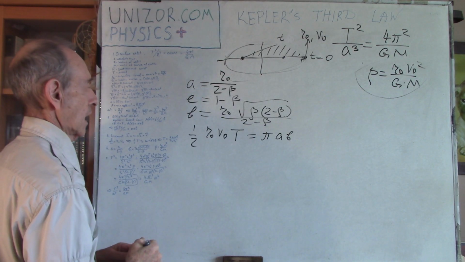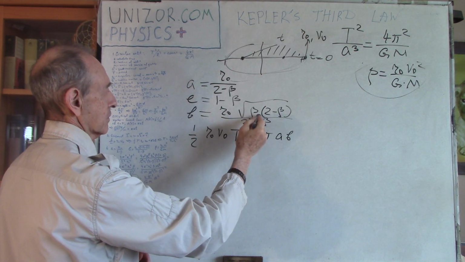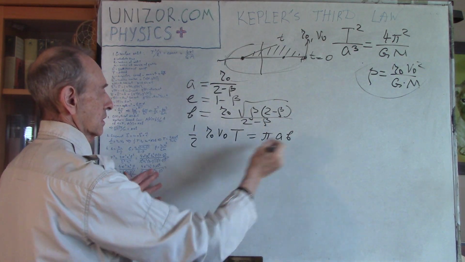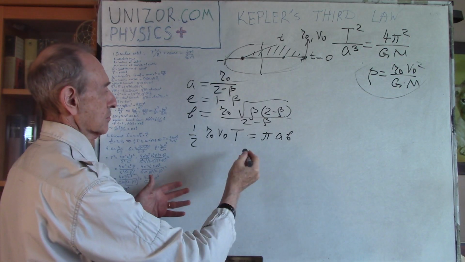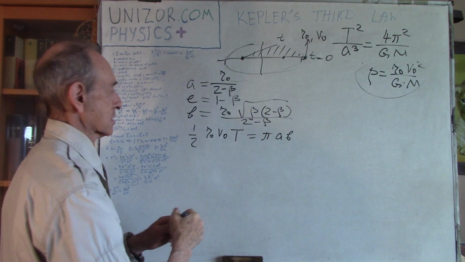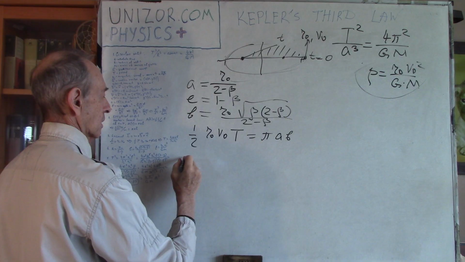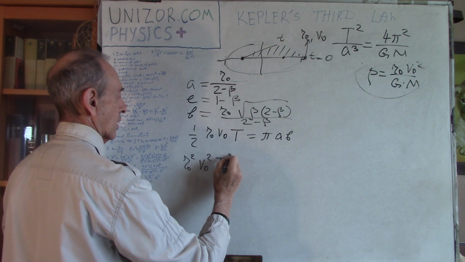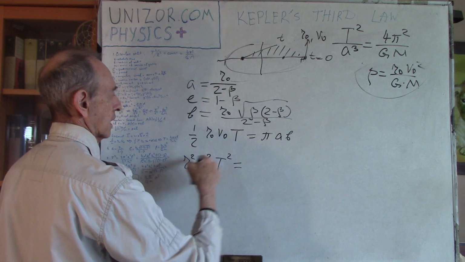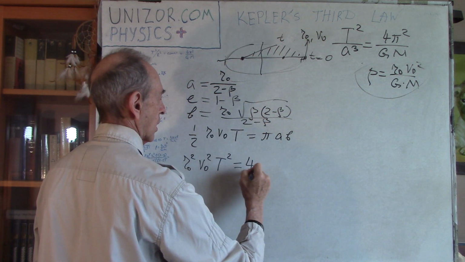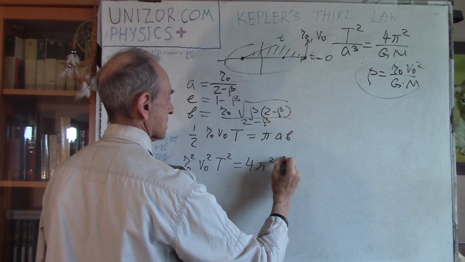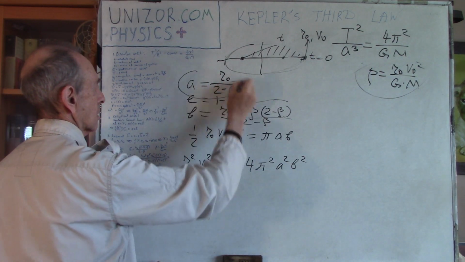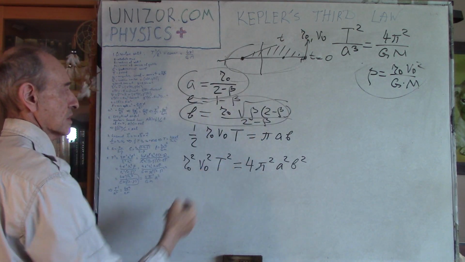So what should we do now? I don't like to have the square root here, so let me use exactly the same formula and square both sides. And I will have that R0 square V0 square T square is equal to 4 pi square A square B square. And I will substitute A and B into this.